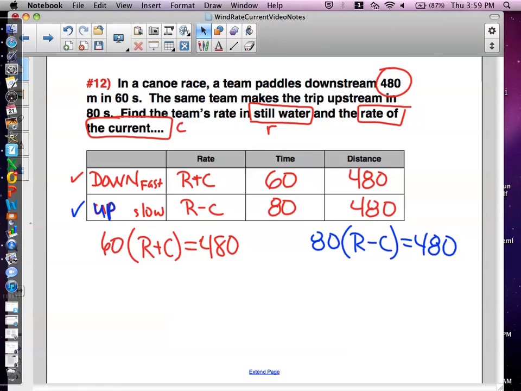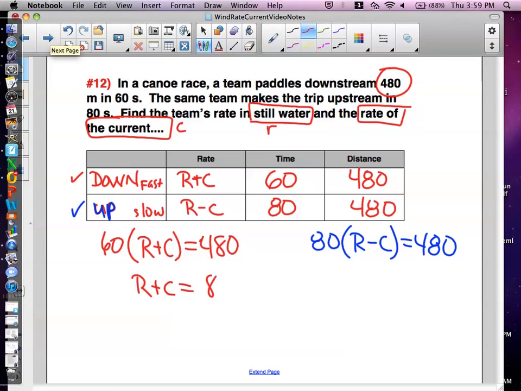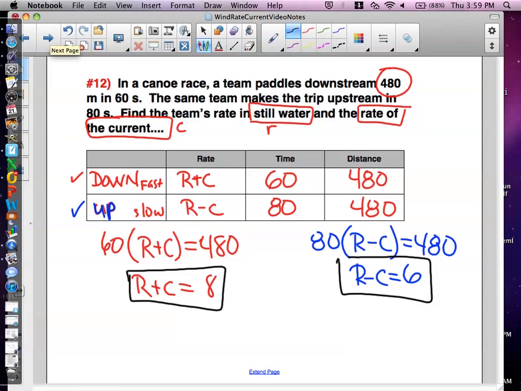So going back to the downstream, cleaning this up, it simply turns into this, dividing both sides by 60. And the upstream version cleans up to this. So now my system of equations becomes R plus C equaling 8 and R minus C equaling 6.